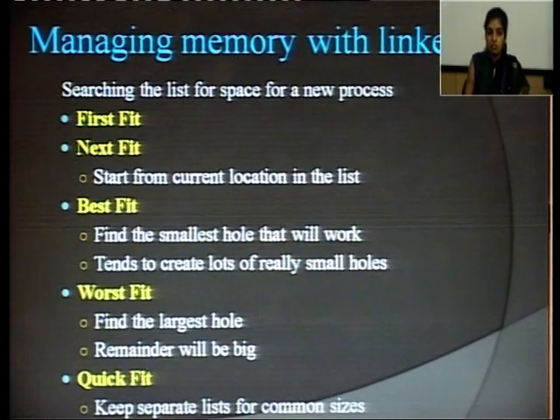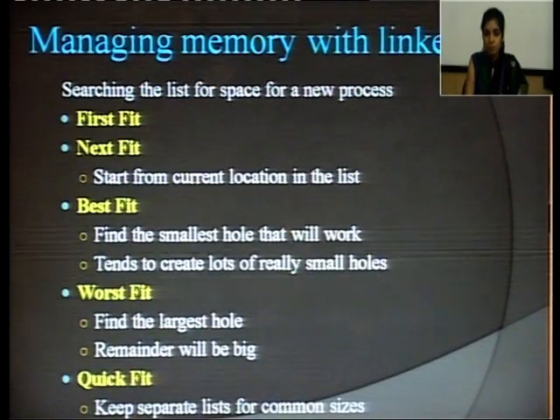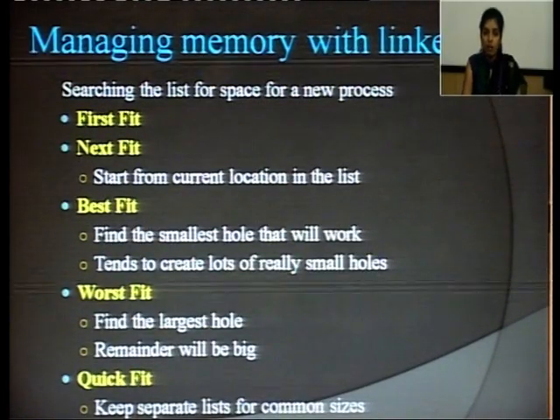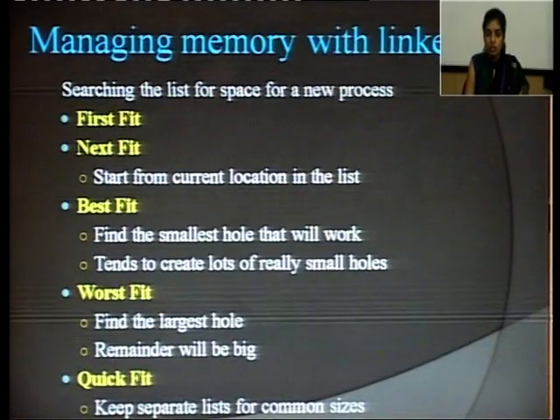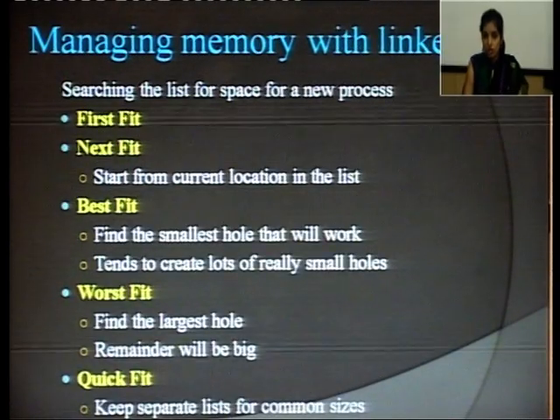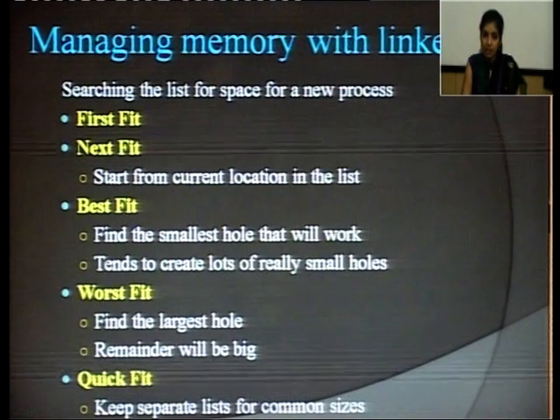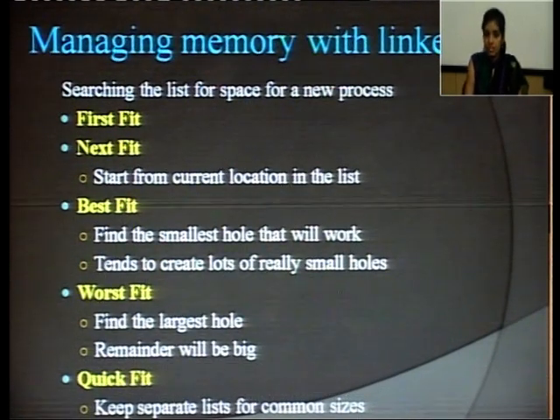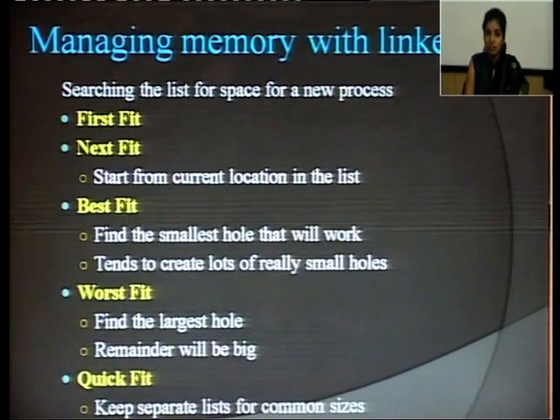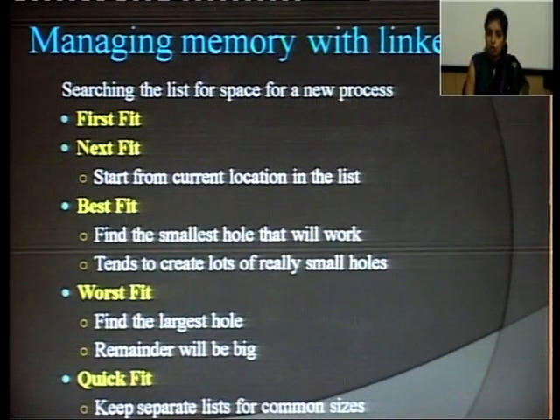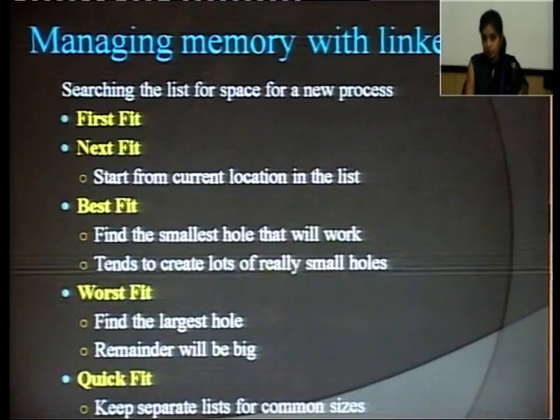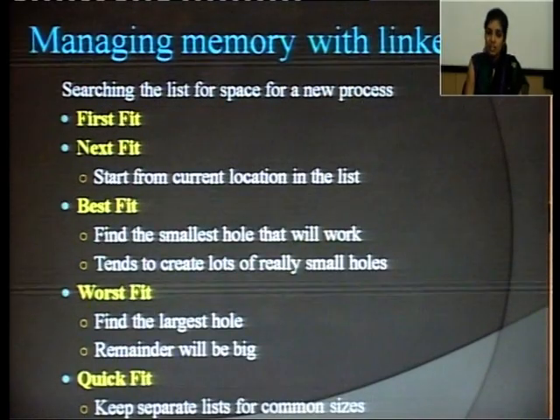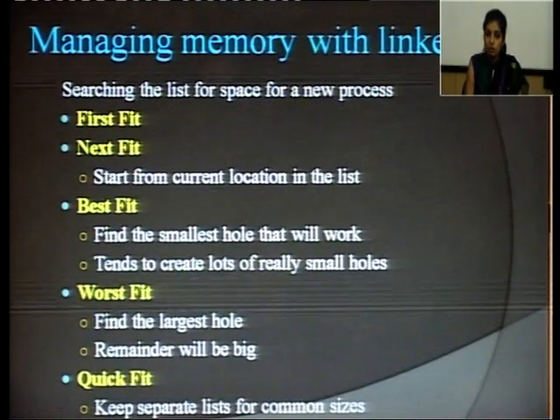In first fit, we just occupy the first space available. Our memory manager starts searching for free space from the beginning, and if any space is available, that process is placed within that memory space.